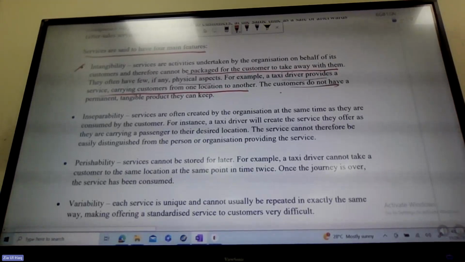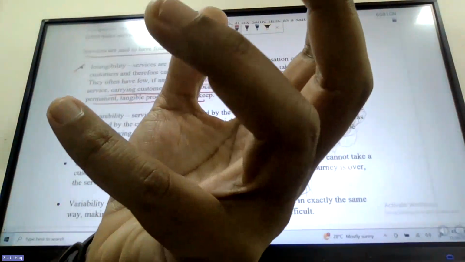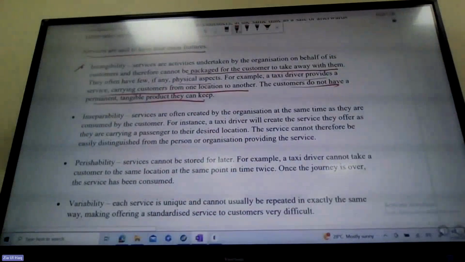The customer does not have a permanent tangible product to keep. Obviously, the customer pays for the service, but what does he have in his hand? Nothing. In the case of a product, he has a physical product in his hand, but with services he has taken the benefit of another person's work. So there is no physical thing in his hand, meaning services are intangible.